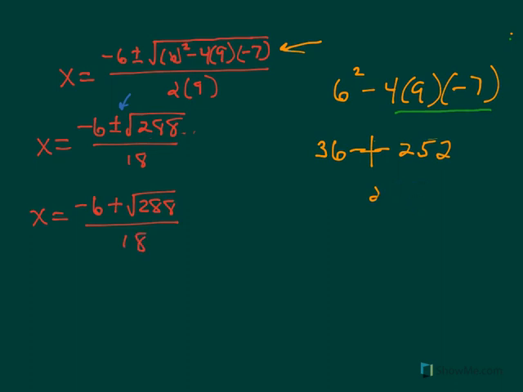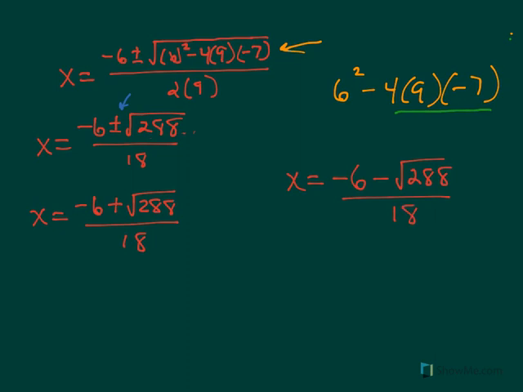And the other possible solution will be if we have negative 6 minus the square root of 288, all over 18. And then you just want to work out both options.